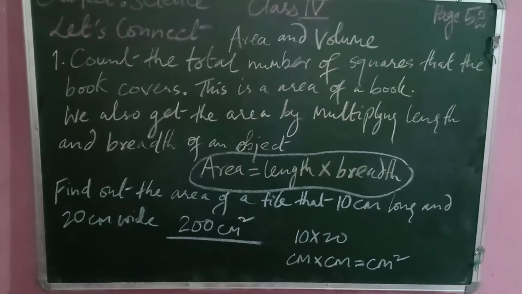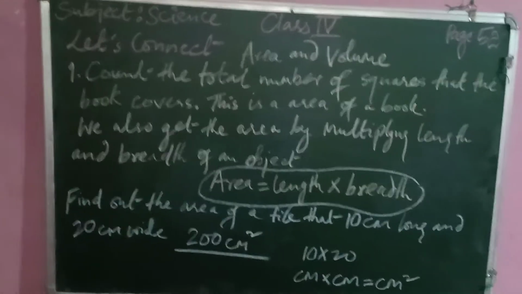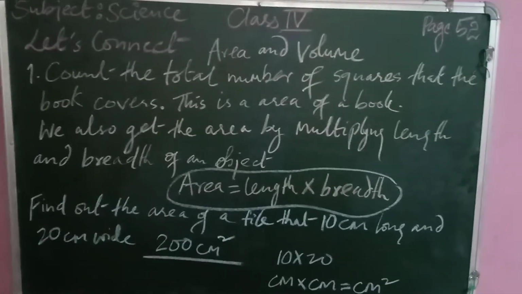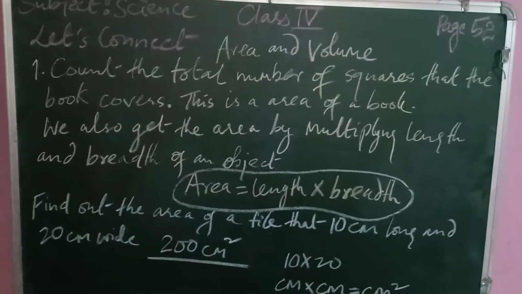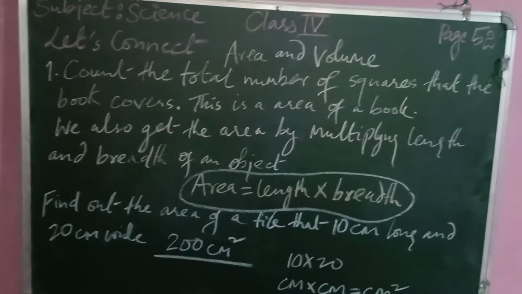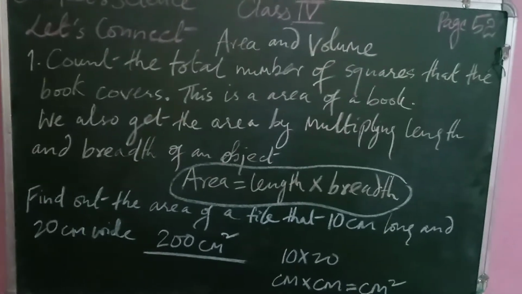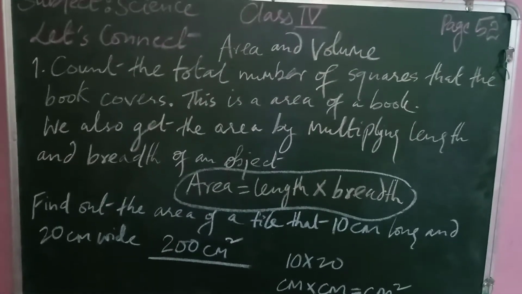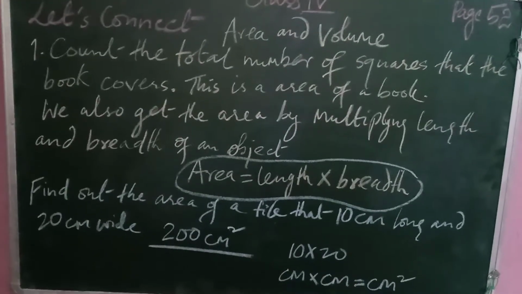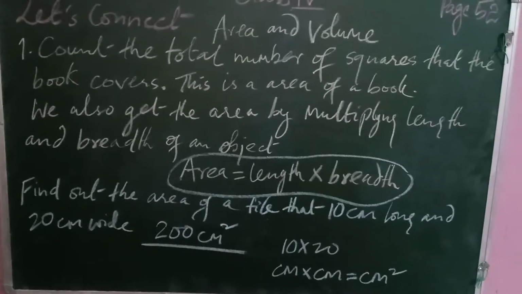We also get an area by multiplying length into breadth of an object. So this is your formula for calculating the area. Area is equal to length into breadth. So find out the area of a tile that is 10 centimeter long and 20 centimeter wide. How can we find it?